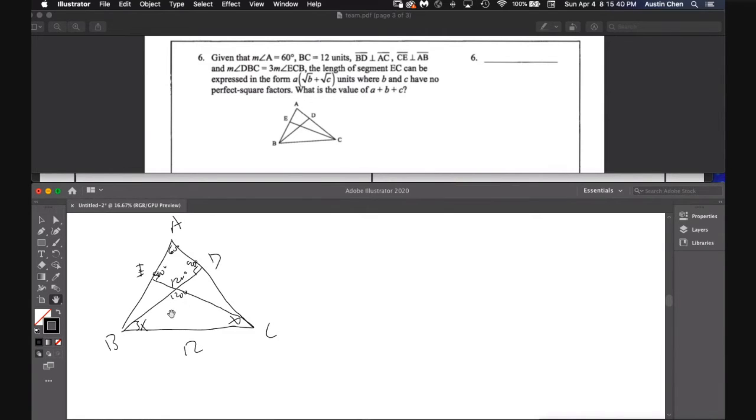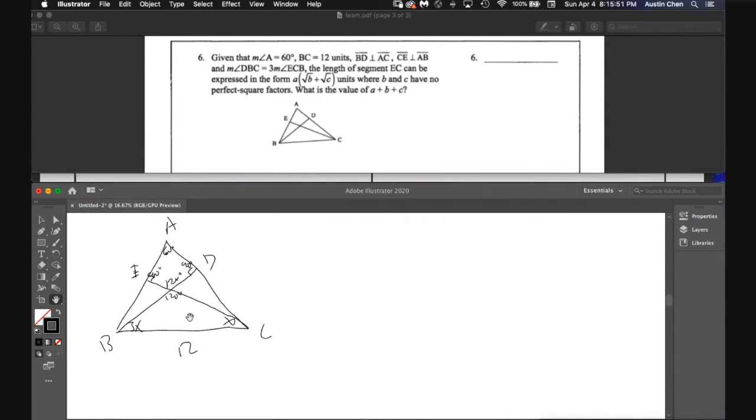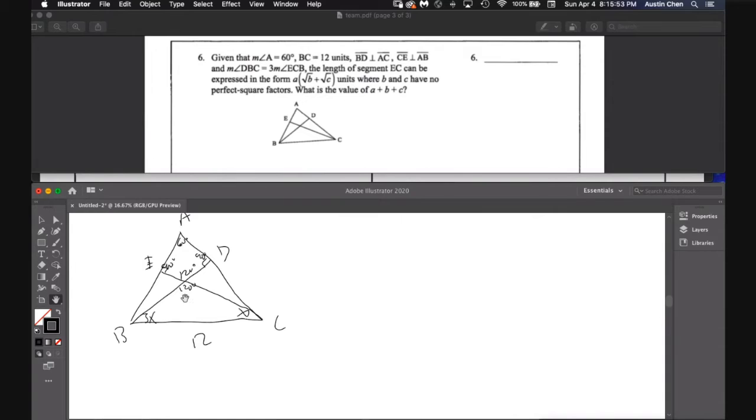Now we've gotten an angle into this triangle with some more of our variables. In this triangle, 120 degrees plus 3x plus x has to equal 180 degrees. So 4x has to equal 60 degrees, or x has to equal 15 degrees. Okay, so cool, we found that x equals 15 degrees.